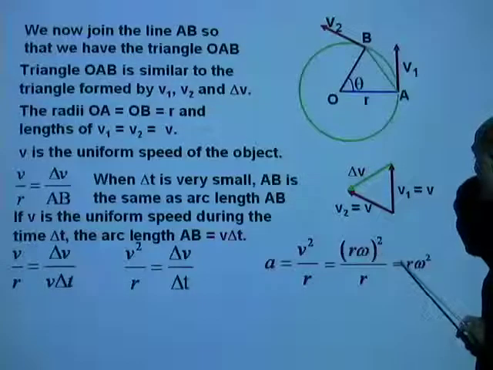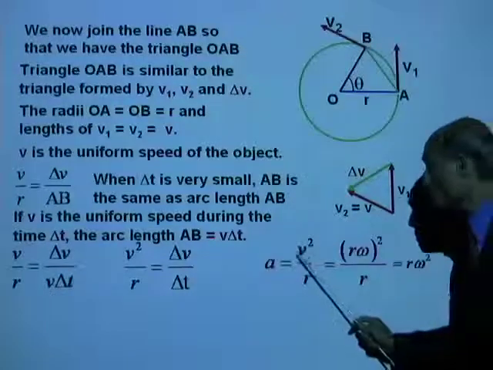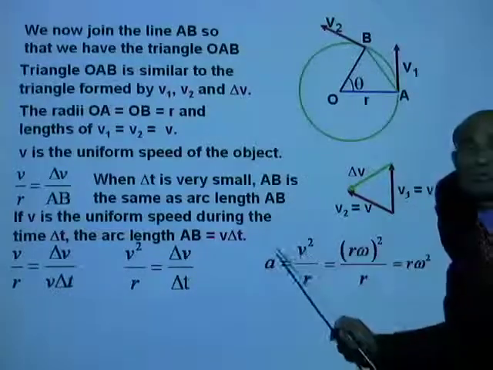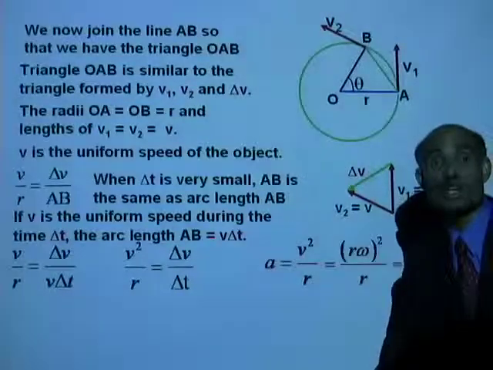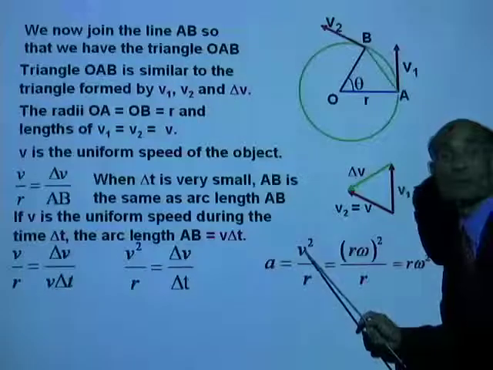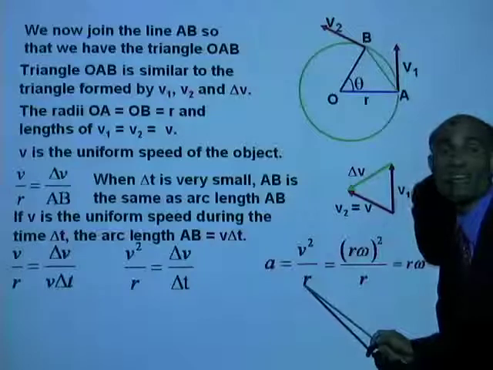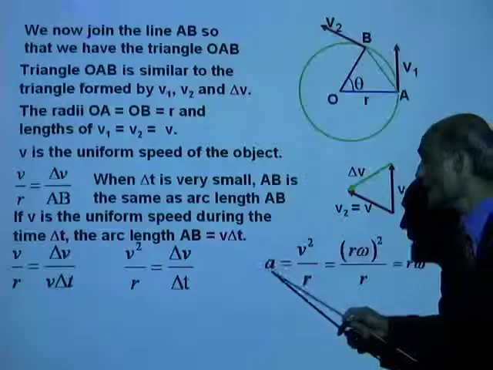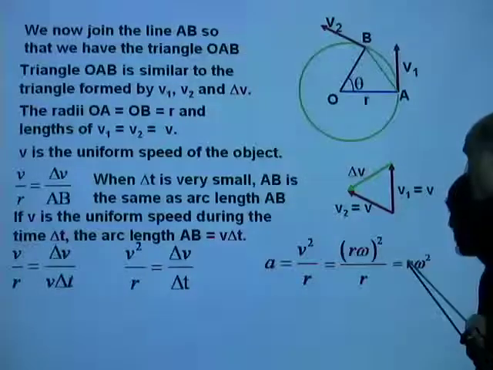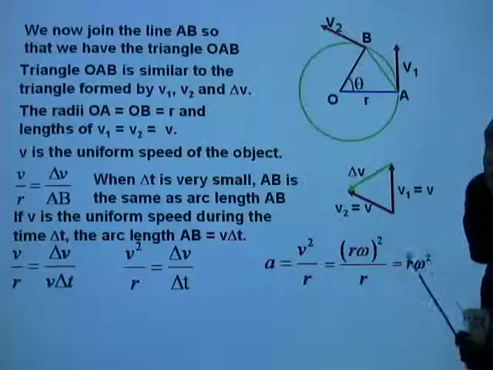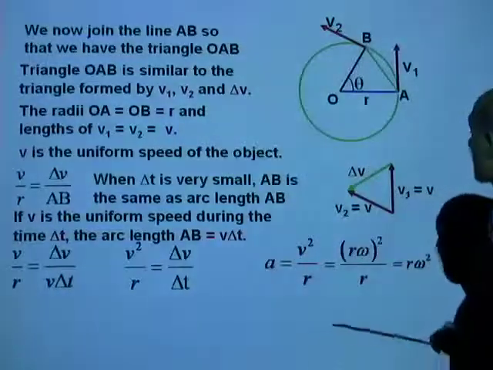That will be r omega squared. One r will cancel. So, both these relations are important. The acceleration of a uniform circular motion, where the object moves with a uniform speed along a circle of radius r, a equal to v squared over r, equal to r omega squared, where omega is its angular velocity.